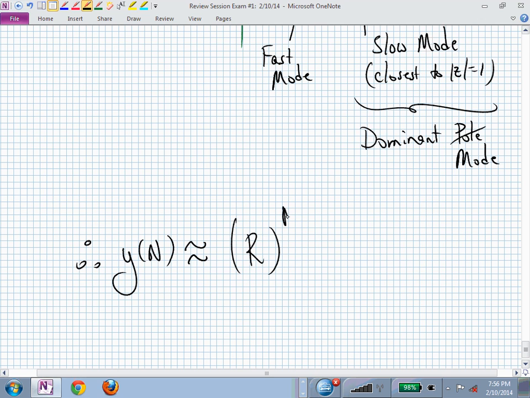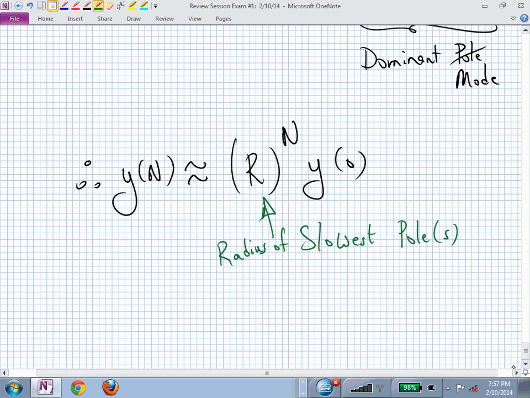This is now raised to the n, times y of 0. This is now our, let me say, the radius of the slowest pole. And if they're complex, you're going to have a twin that's a conjugate of the one. So you're going to have two poles. We're just going to use the radius. That's how quickly they collapse, is by the radius.